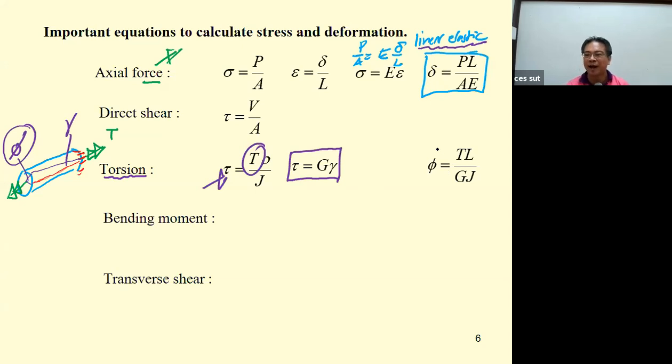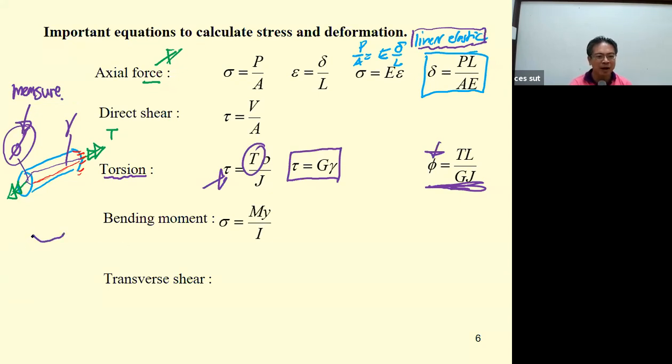You may compare this equation with the one you measure in the lab to confirm the theory, and you can see that most of the time they are close to each other within the linear elastic behavior. And then for the bending, what is produced?